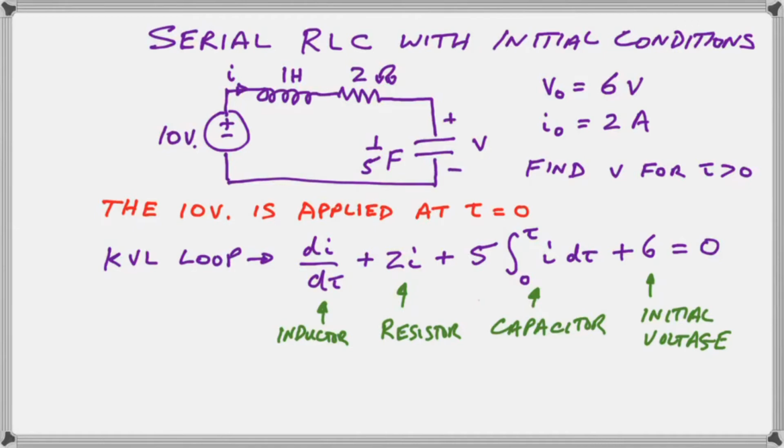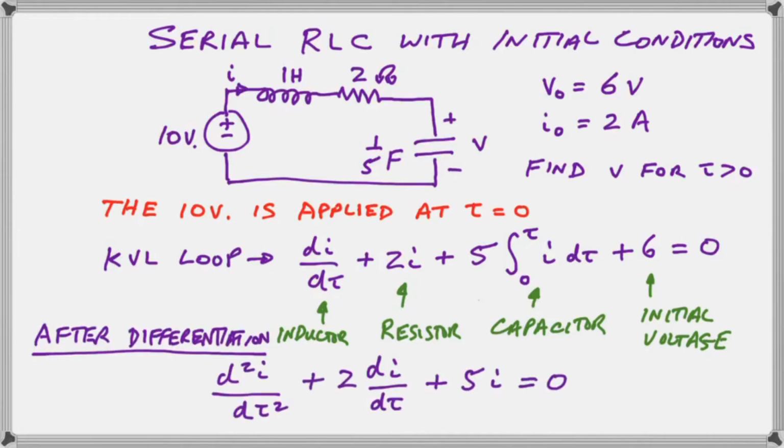Now we differentiate that whole expression, and after differentiation we get a second order differential equation as shown there. The second derivative at the front comes from the coil, because we've differentiated again.